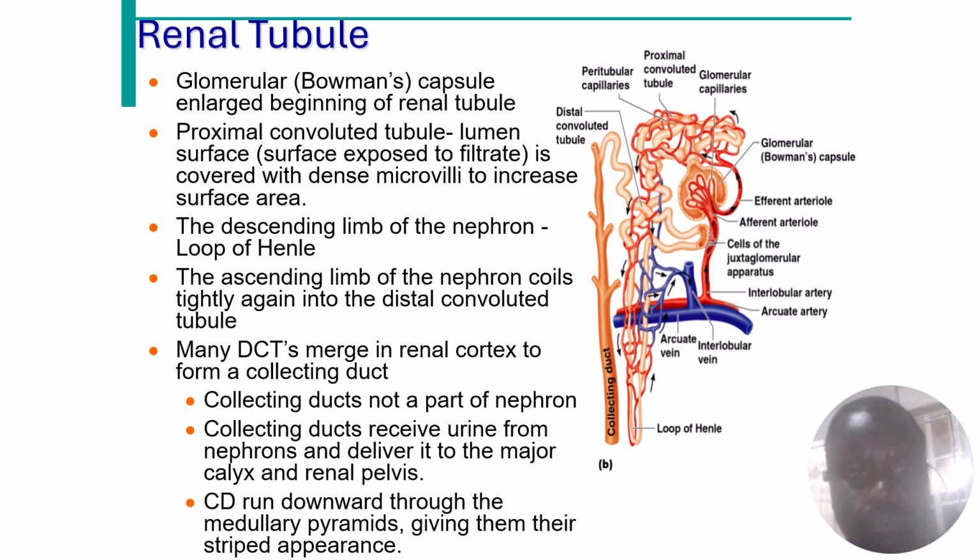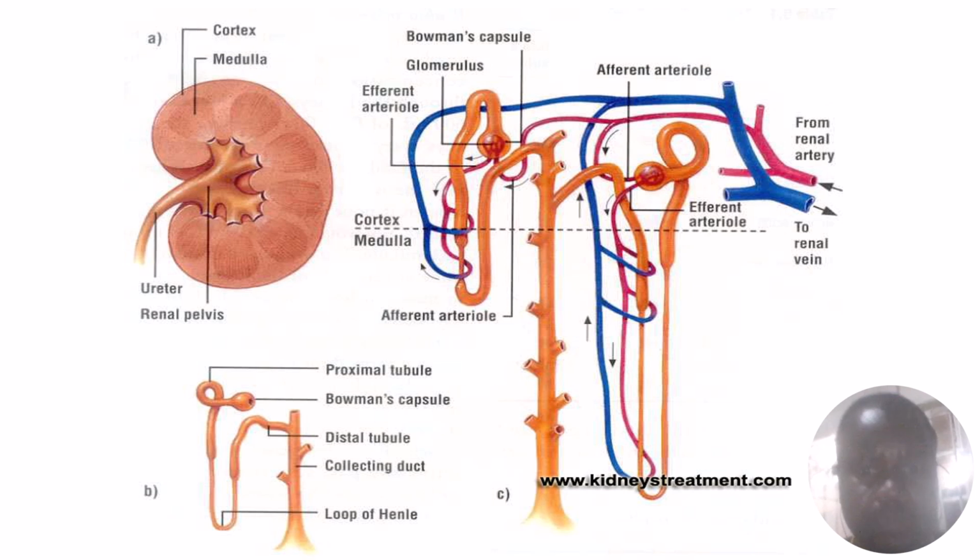So the renal tubule, as I said, is divided into components, and this is the portion of the nephron that modifies the filtrate. So there will be reabsorption of some materials and the secretion of some of these materials back into the filtrate.